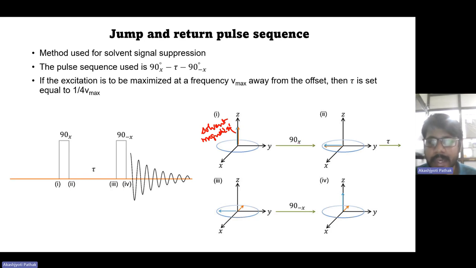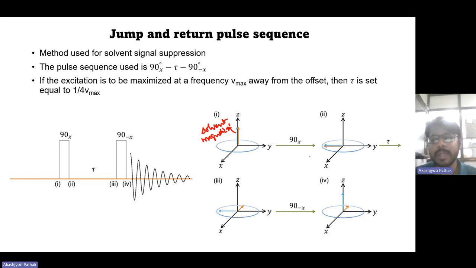Now what happens? Along the x-axis, a 90-degree RF pulse is applied, and this will shift the magnetization to the negative y-axis. Then another delay of tau seconds is applied.